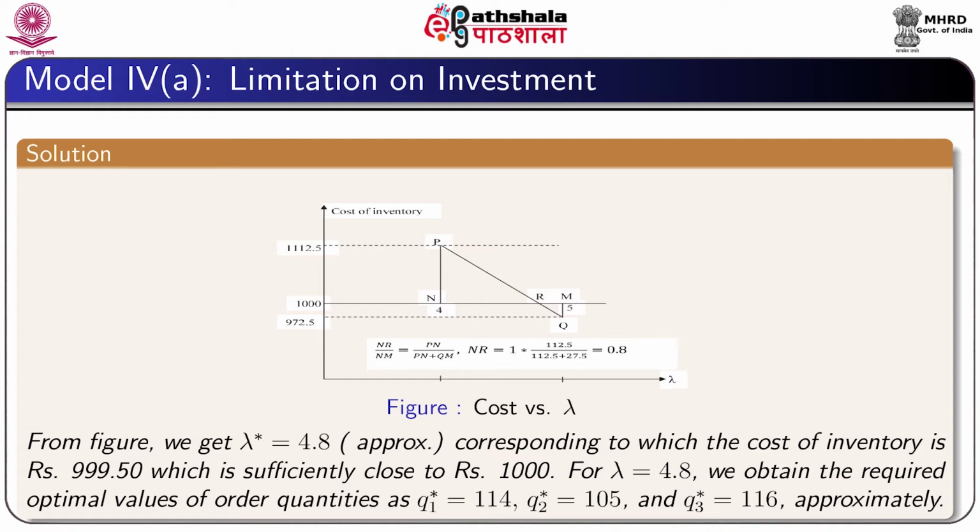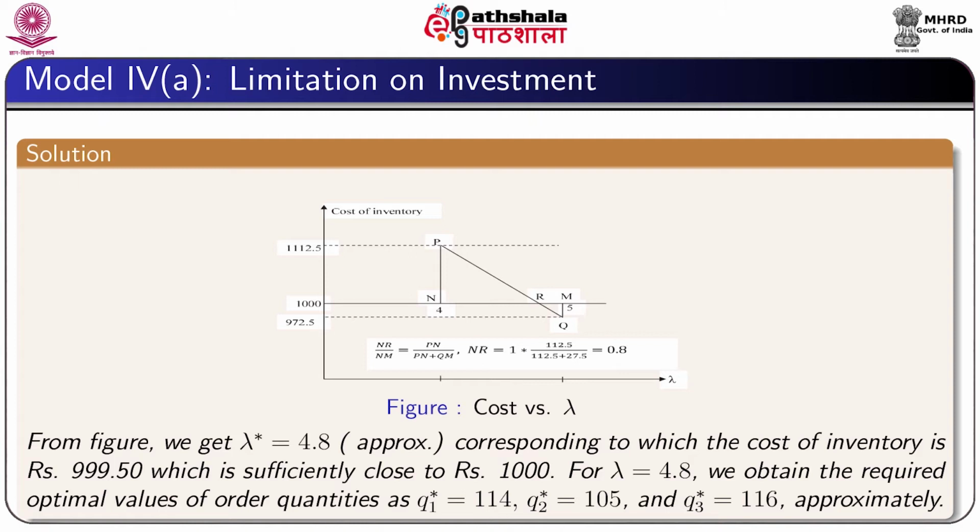This indicates that the most suitable value of lambda is 4.8 approximately, corresponding to which the cost of inventory is 999.5, which is sufficiently close to rupees 1000. Therefore, the most suitable value of lambda can be regarded as 4.8.